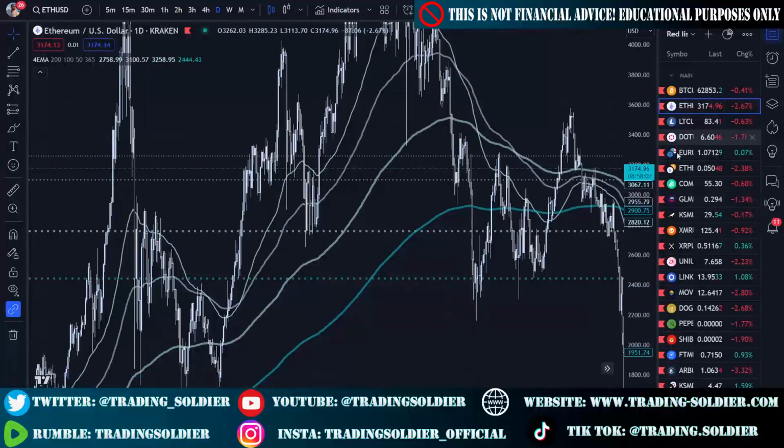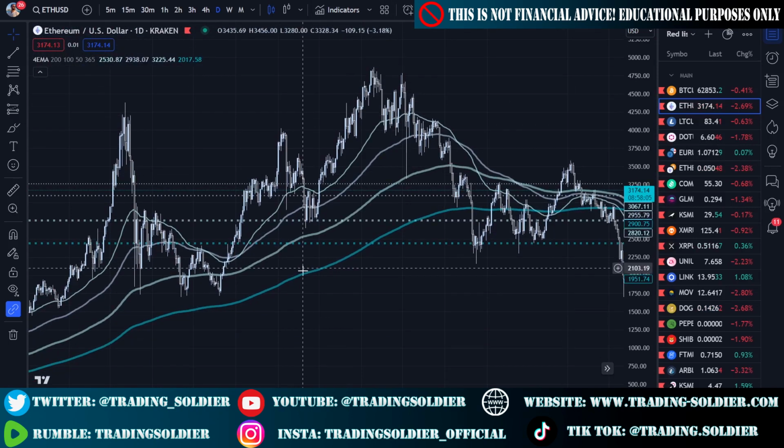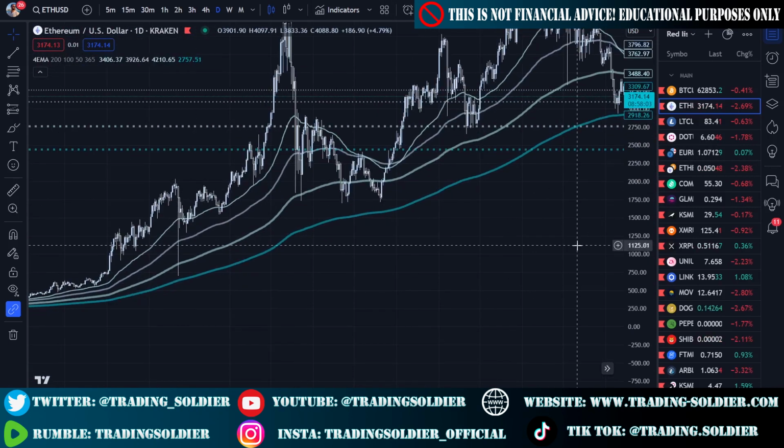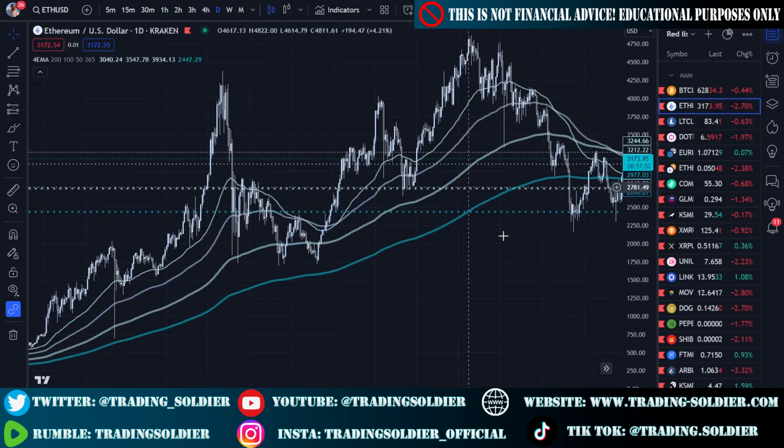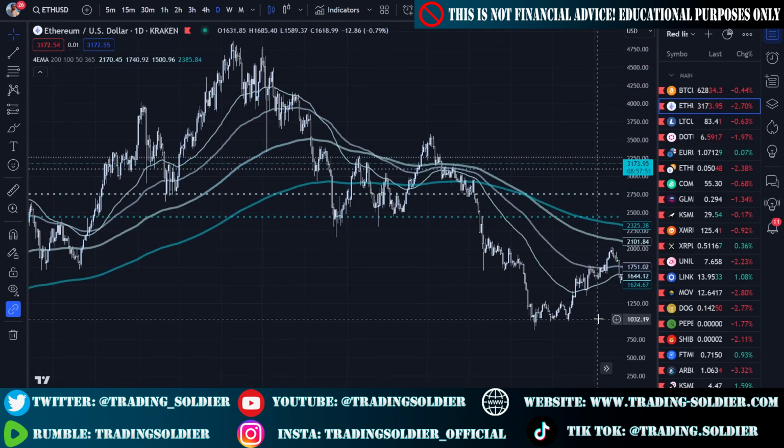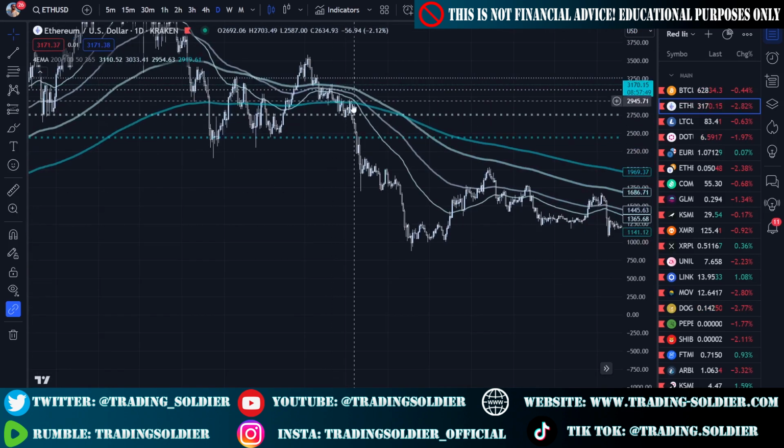So you can see that the EMAs act as support and resistance depending on whether we are in an uptrend. So if we are in an uptrend, the 200 EMA, the 50 EMA, the 100 EMA, and the 365 EMA will act as support. And if we are in a downtrend, the 50 EMA, the 100 EMA, the 200 EMA, and the 365 EMA will act as resistance levels.